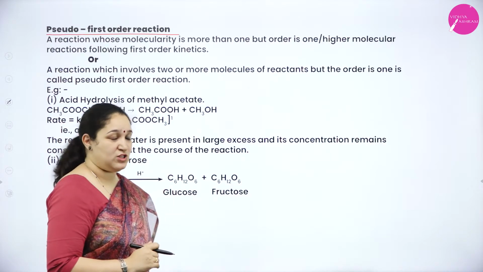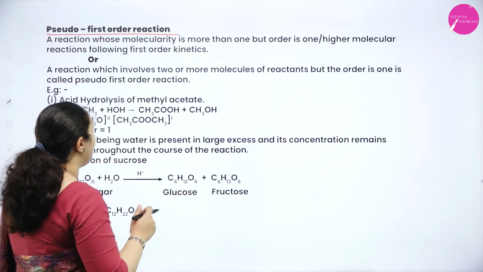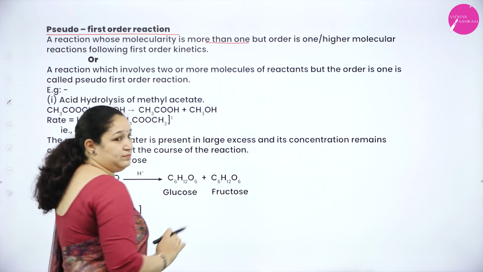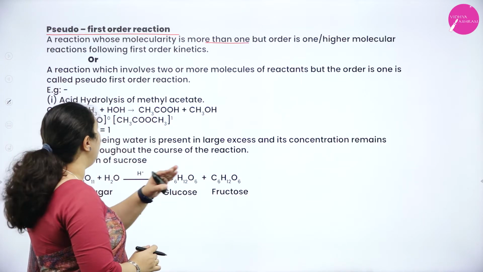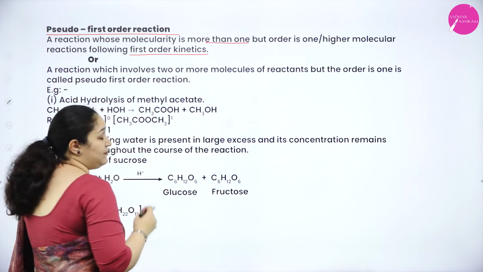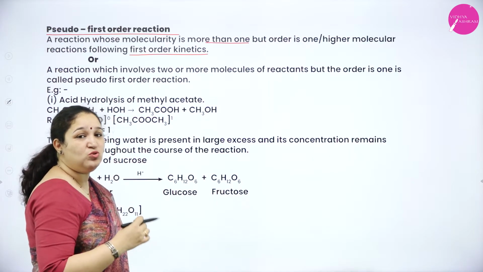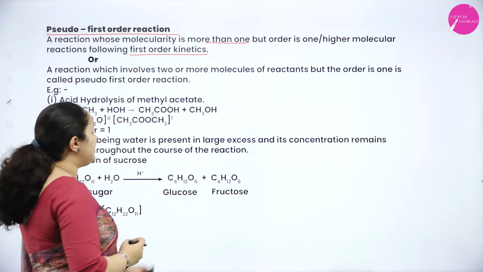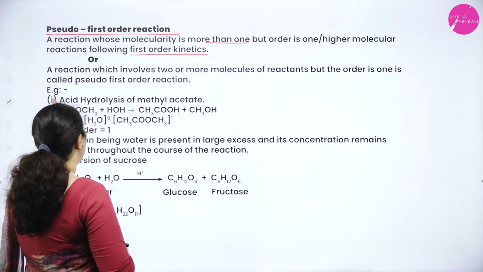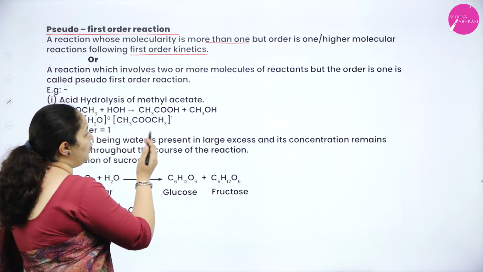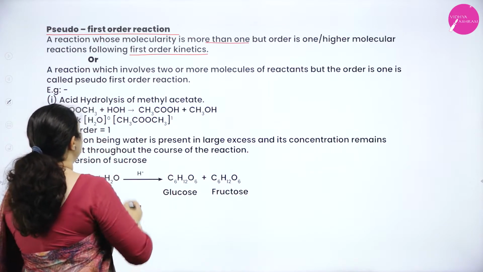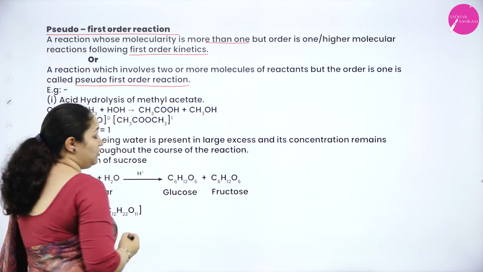So, we will see the definition. A reaction whose molecularity is more than 1 but the order is 1, or higher molecular reactions follow first order kinetics. Such reactions are called pseudo first order reactions. This can be one way of giving the definition, or we can also say that a reaction which involves 2 or more molecules of reactant but order is 1 is called a pseudo first order reaction.